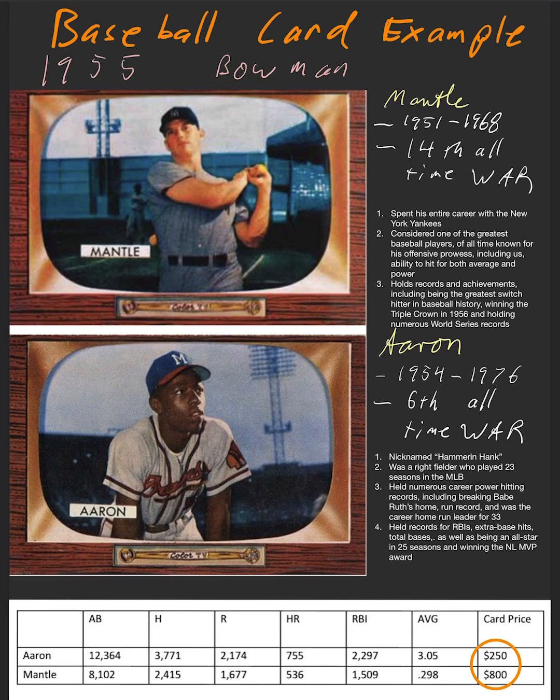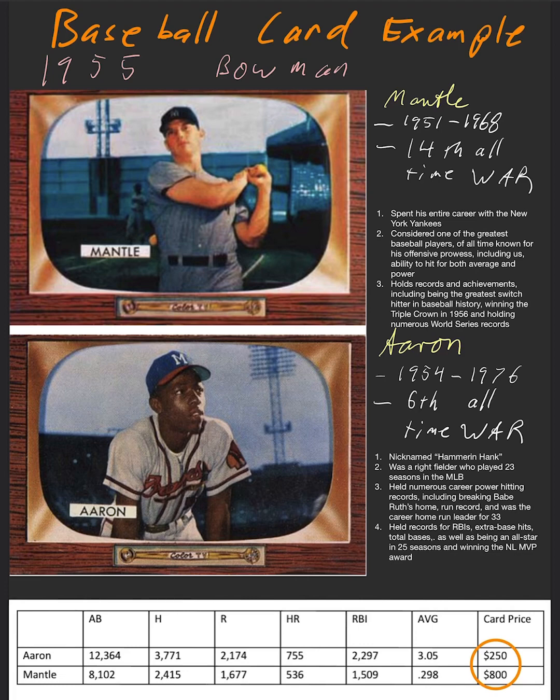He held numerous career power hitting records, including breaking Babe Ruth's home run record, the record for runs scored, and was the career home run leader for 33 seasons up until 2007. He held records for RBIs, extra base hits, total bases, as well as being an all-star for 25 seasons. He also won an NL MVP award.